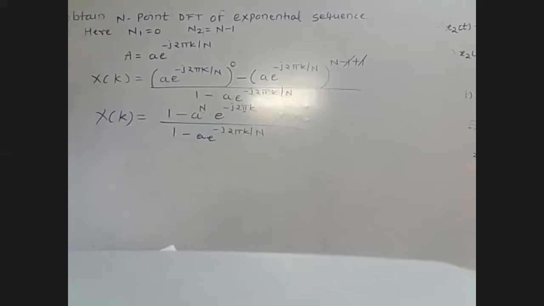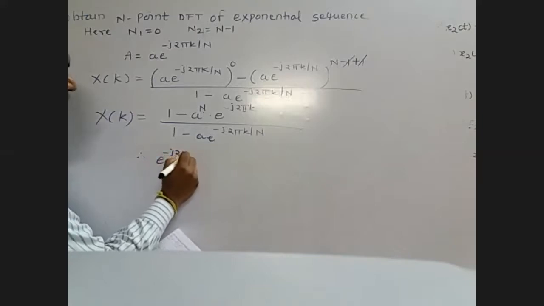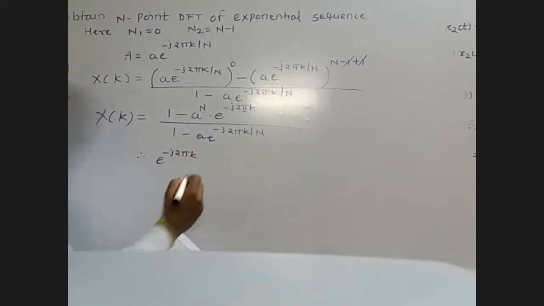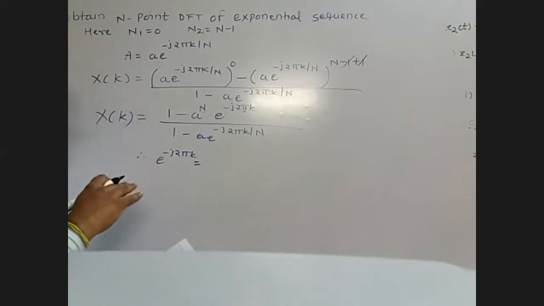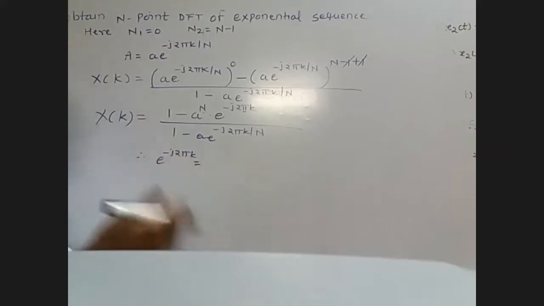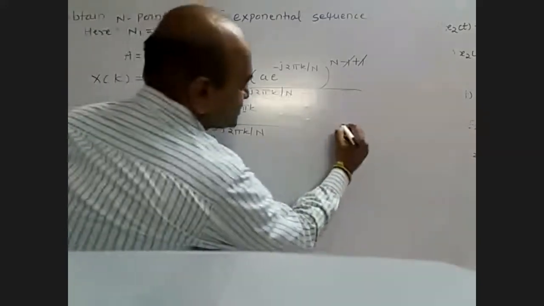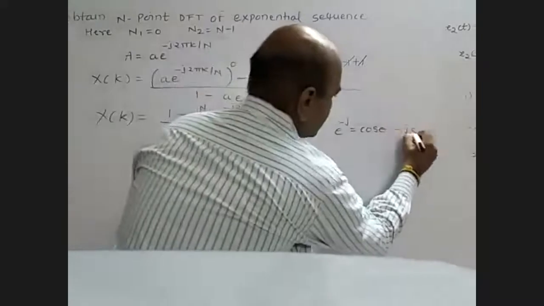It does not carry any value of n. So if I write e raised to minus j 2 pi k, okay, that will be okay. What is e raised to minus j? E raised to minus j is cos theta minus j sin theta.